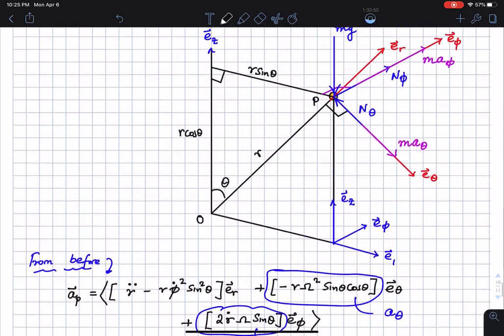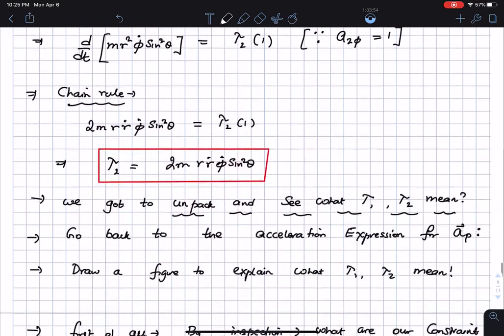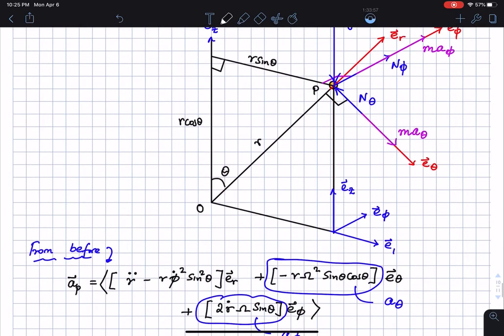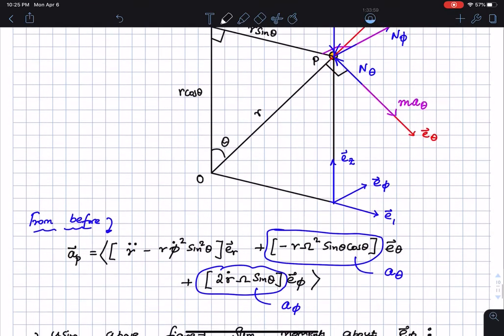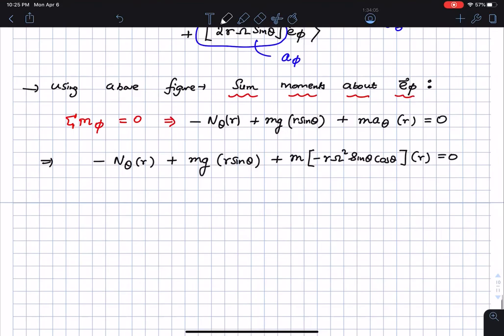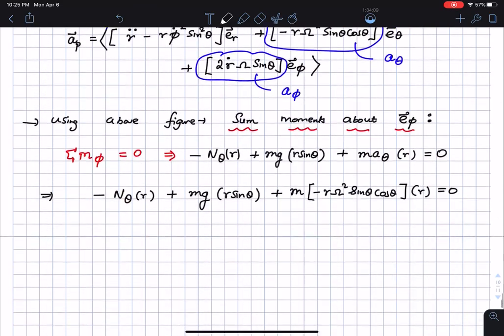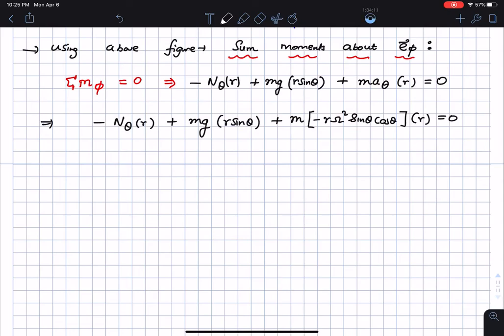Right, so we see all of these going on, and what I want to do is bring in some of these terms. I have actually drawn m a theta to be pointing in the e theta direction, but it has to actually be pointing in the opposite direction because it's negative. So I'm just going to be interested in the magnitudes of these terms.